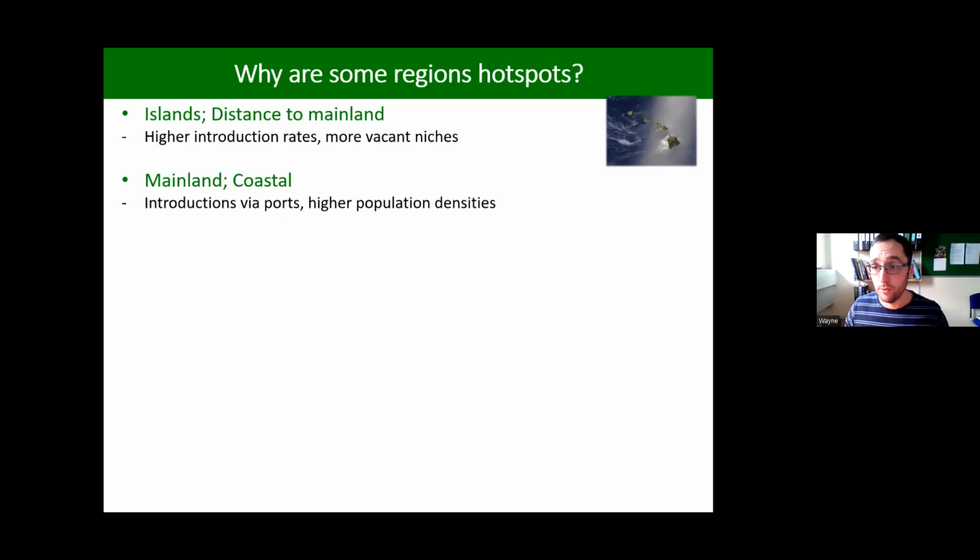It may be that coastal regions, mainland coastal regions, have many ports. They may also have higher population densities. So this might explain why Florida and California tend to have higher introduced species numbers.